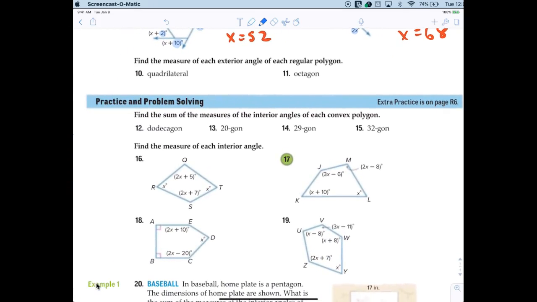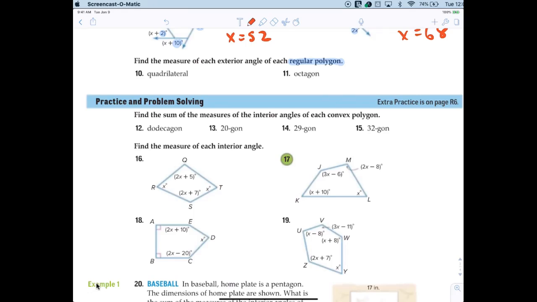Now, 10 and 11, again, it says find the measure of each exterior angle. Notice this important word, regular polygon. Obviously, they all have to be equal in order for that to work, so they have to say it's regular. So the exterior angle of a regular quadrilateral, and a regular quadrilateral is just a what?